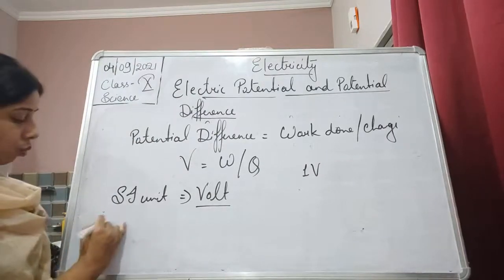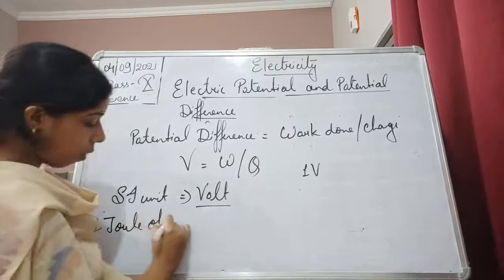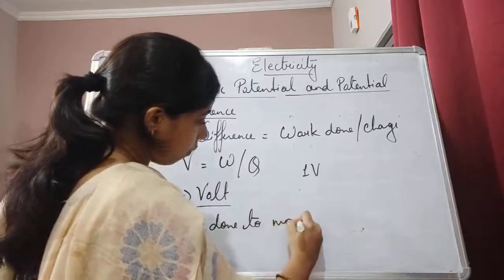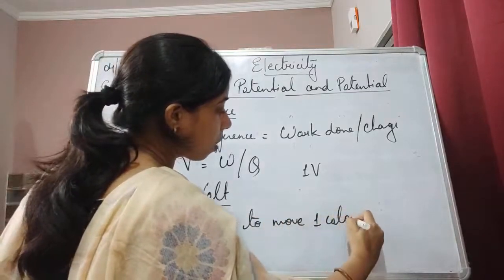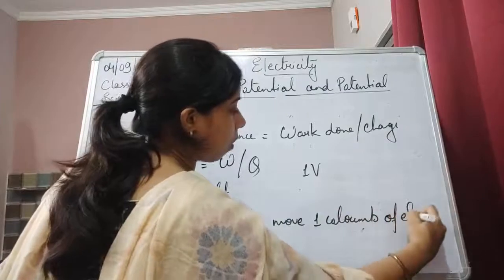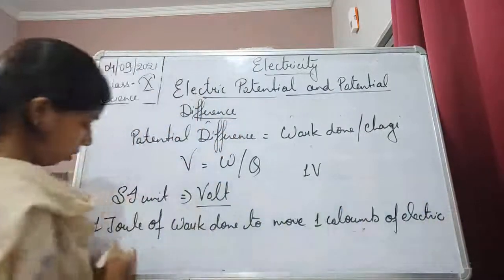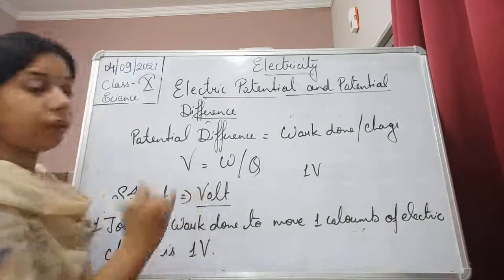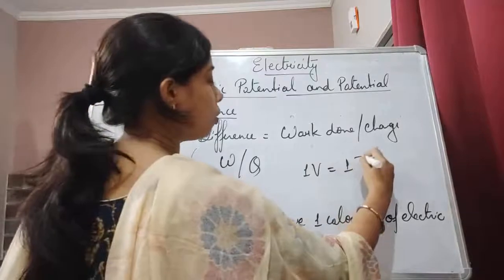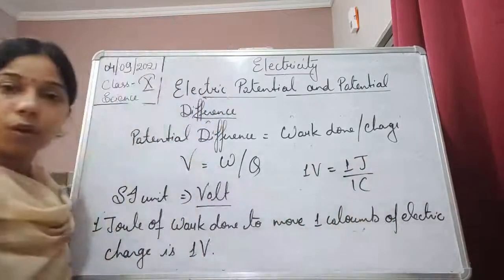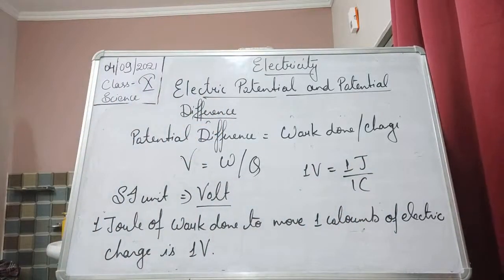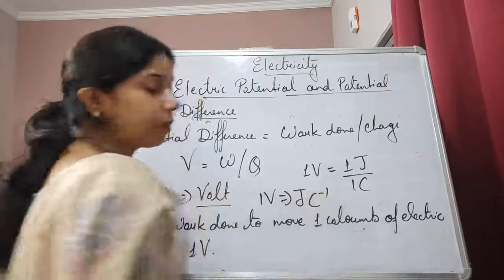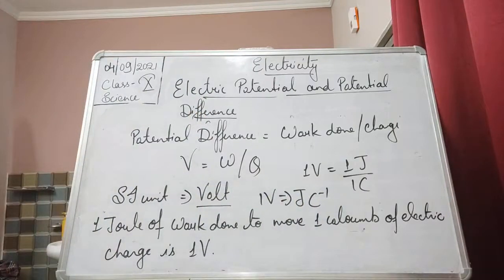So 1 joule of work done to move 1 coulomb of electric charge is 1 volt. 1 volt is equal to 1 joule upon 1 coulomb. So this is how we can find the value of that. So we can also say that 1 volt is equal to joule per coulomb.